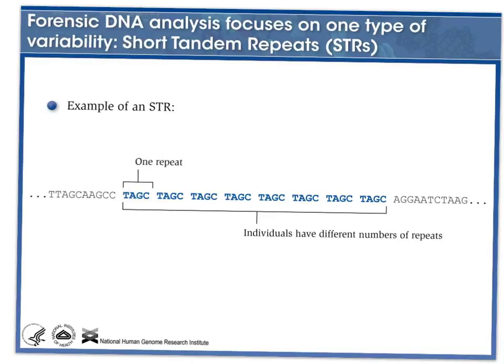Now, these repeats are called short tandem repeats. Nowadays, we use something different. We use something called SNPs, S-N-P, short nucleotide polymorphisms.